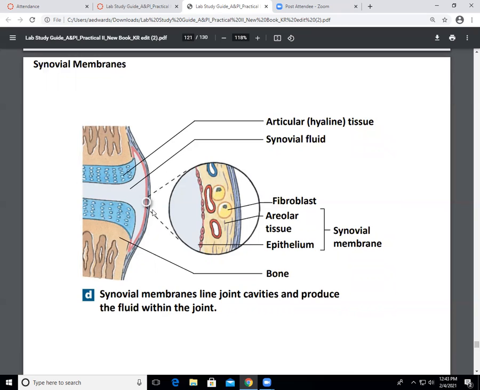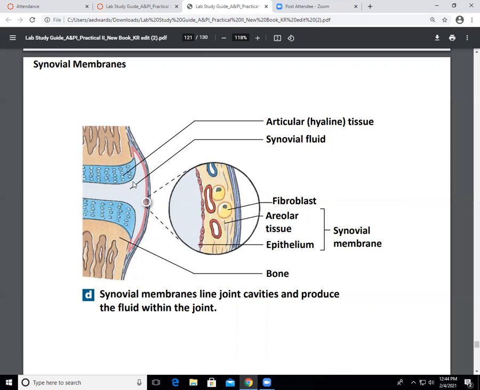Here's some cartilage on the ends of the bones. So those bones aren't really hitting up against each other in your knee. All right, so here in your synovial membrane, you've got areolar tissue, right? We learned about that in connective tissue. Got some fibroblast cells, some epithelial cells here.